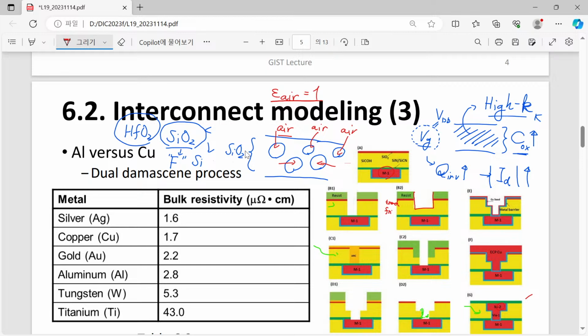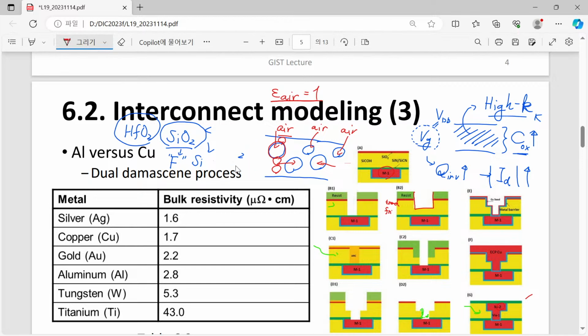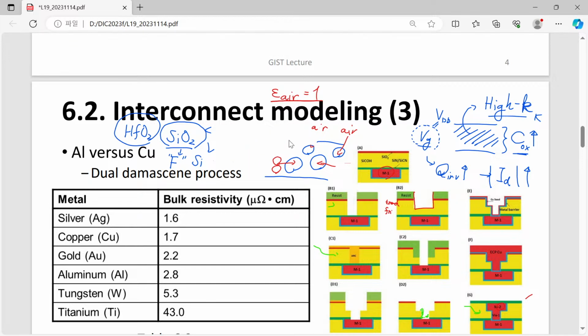So therefore, simply by introducing certain pores into our silicon dioxide layer, although in this part we have just silicon dioxide, in some part we have pores, so we can reduce the relative permittivity. So nowadays, the achievable value of relative permittivity is about 2 point something.